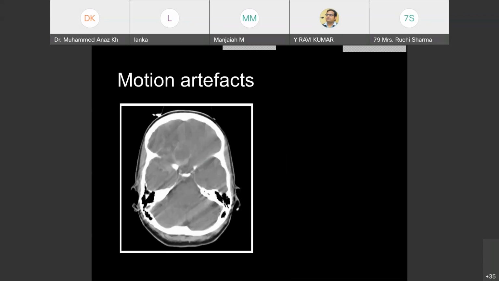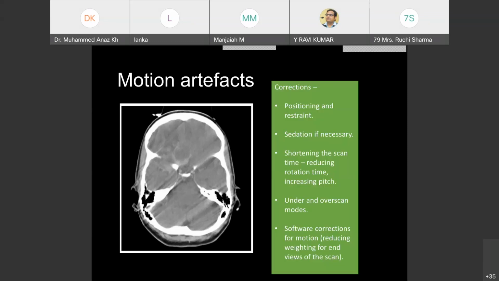And motion artifacts. Motion artifacts mean the patient sometimes moves, particularly children, you can't keep them still when you are sending them into a CT scanner. For that, you have to work out some strategies.